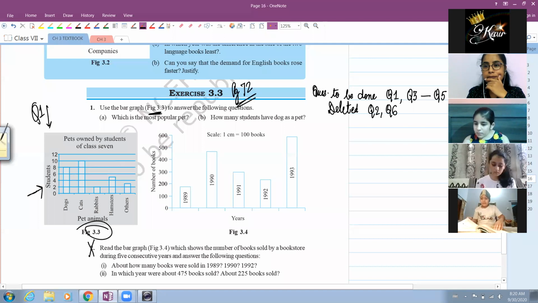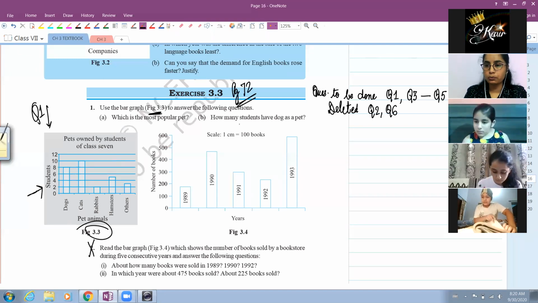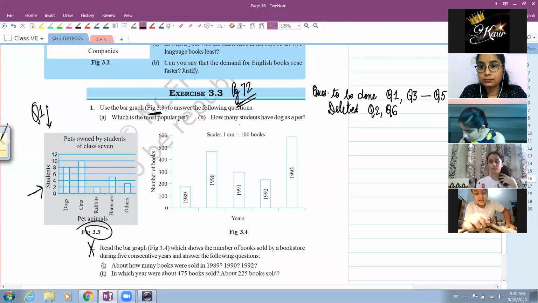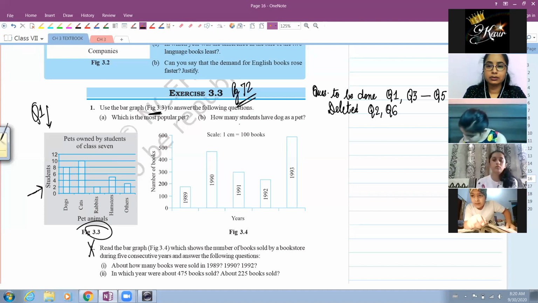Could you please send me a photograph on WhatsApp? Yes, send me a photograph on WhatsApp. Right now, you can just do it with me from here. Later, send me the photo and I will see what's the problem, okay? Ma'am, it's on page 75. Okay, page numbers are different, but do you have the same questions? Yes, ma'am, the questions are the same.